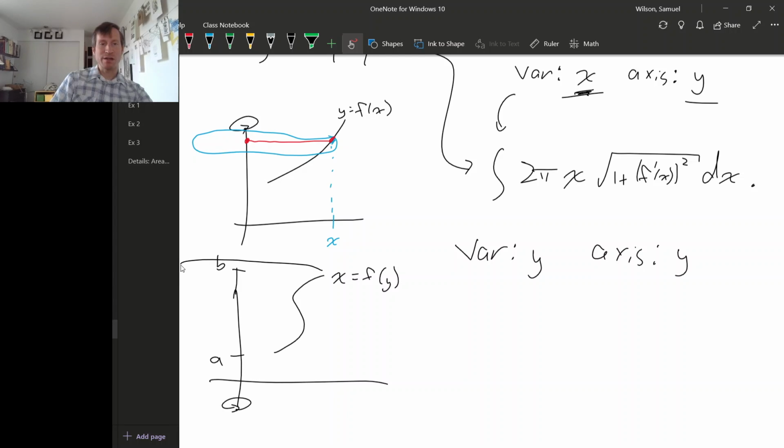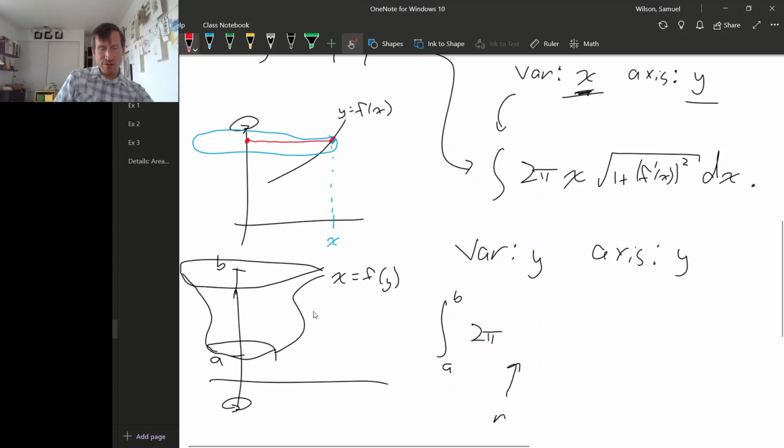So we get something like this. A terrible picture, my apologies. Okay, so we're going to integrate from a to b, 2 pi times the radius.